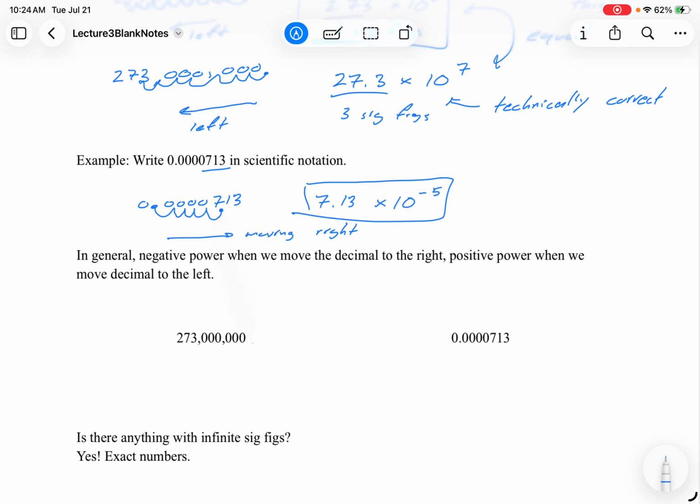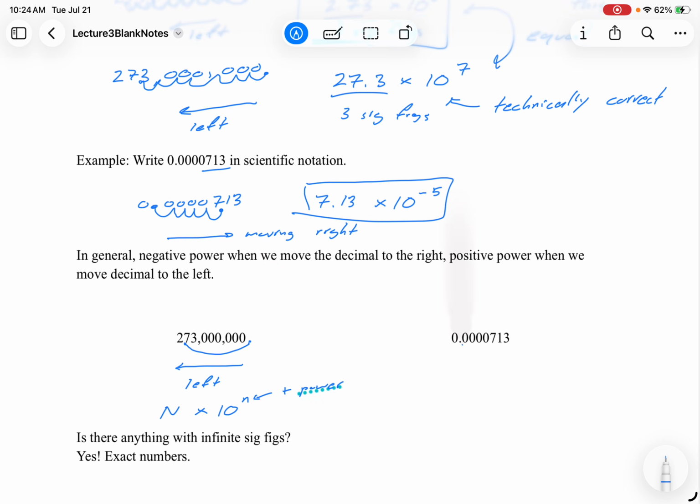So in the earlier example, when we wanted to convert this big number into a smaller form, not a smaller number, but a smaller form, we moved to the left, and basically have a positive power for the scientific notation format.